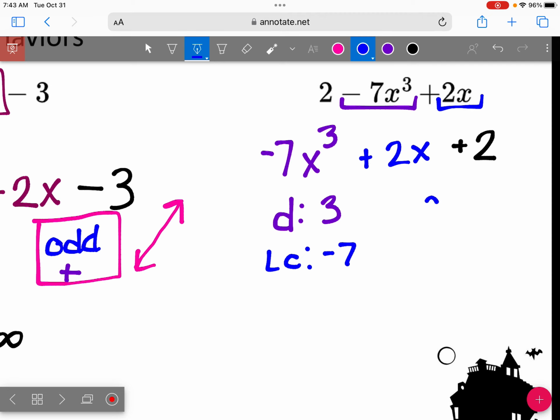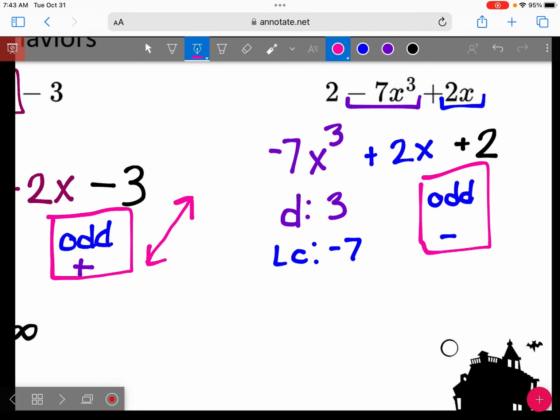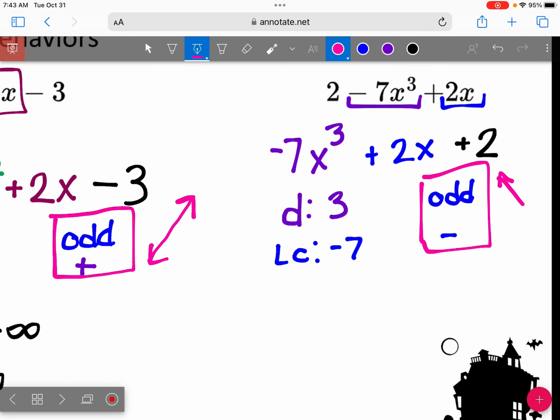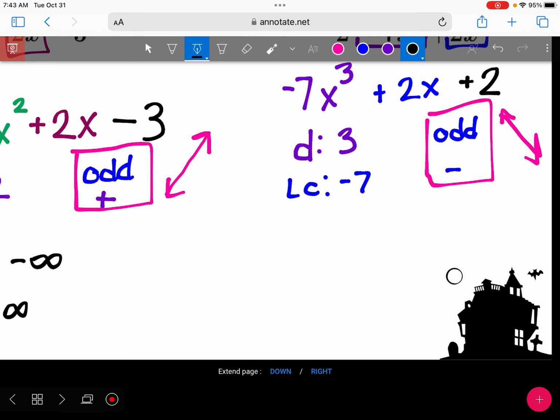So here we have an odd and negative. I don't know why I said negative instead of the sign like I've done for all the others. So odd and negative, which means it has the same end behavior as a downward sloping line.